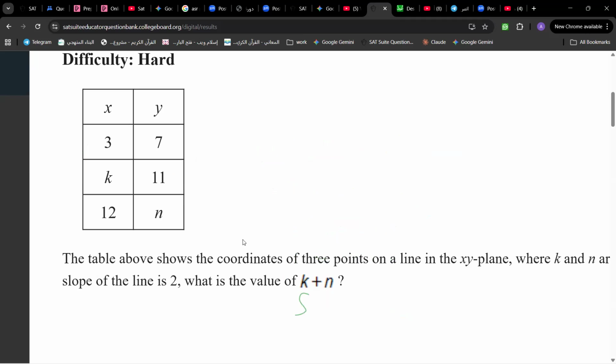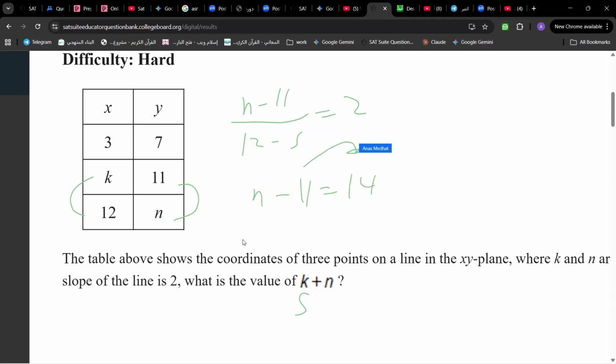Now let's find n. This minus this over this minus this. N minus 11 over 12 minus 5 will be equal to 2. N minus 11 equals 2 times 7, which is 14.